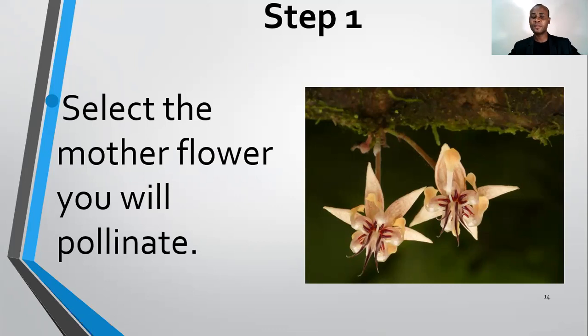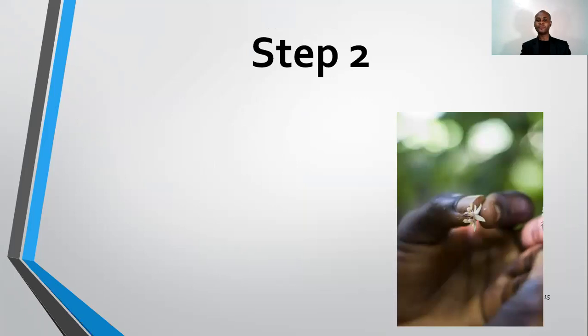And then you get flowers from this area, then you move them to that area, and you pollinate them there. So you get flowers from that area, you move to this area, then you pollinate from this area to that area, and so on and so forth. So it's like you are doing cross pollination.